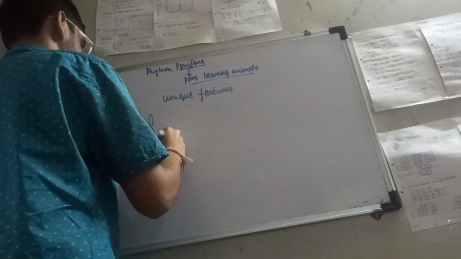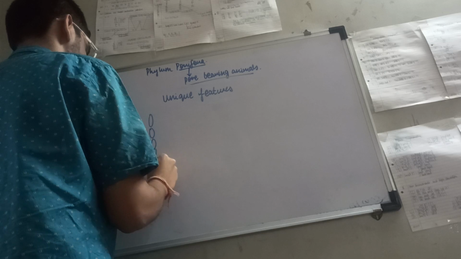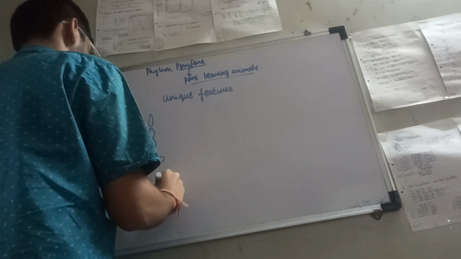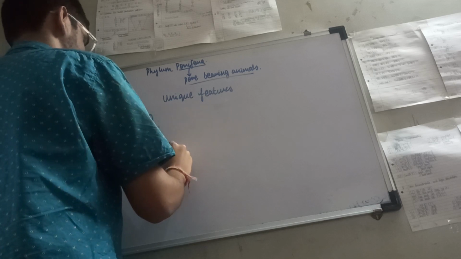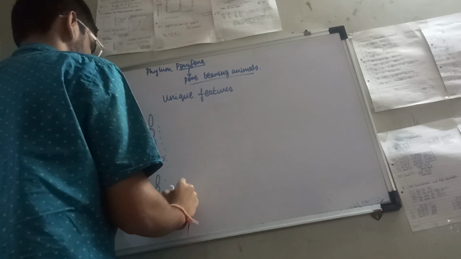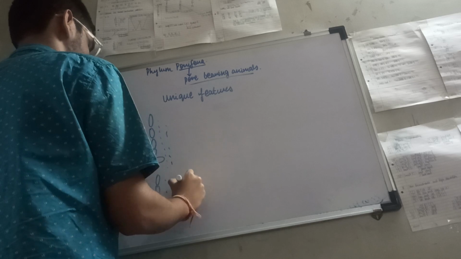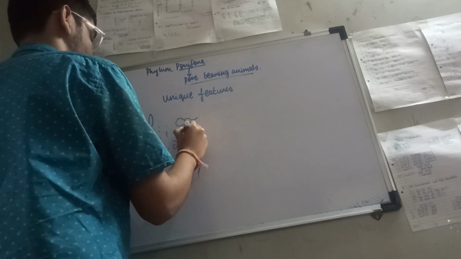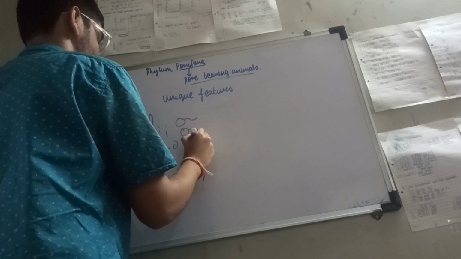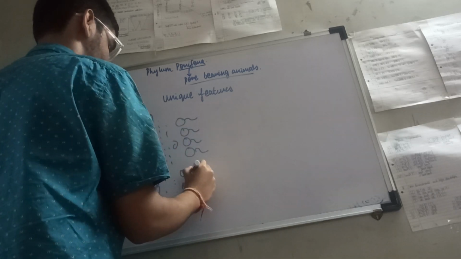Like these cells are present. Here is the mesoglea. Mesoglea is present with some cells. Here, the most important collar cells, the choanocytes, are present.